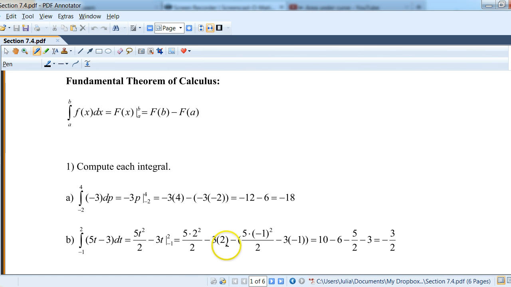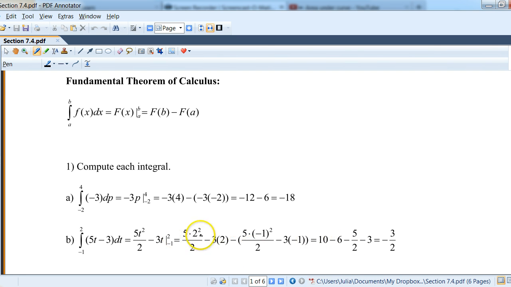Write this out, do not skip this step, because it really helps later. Then minus, and the next part I put in parentheses because you have the whole function that you're plugging into. Then I plug in -1: 5 times -1 squared over 2 minus 3 times -1. Again, I usually write them out and then add them up.